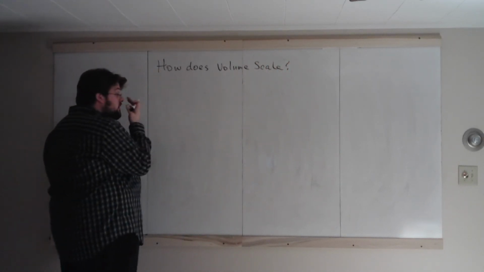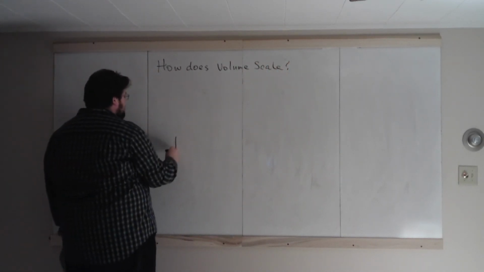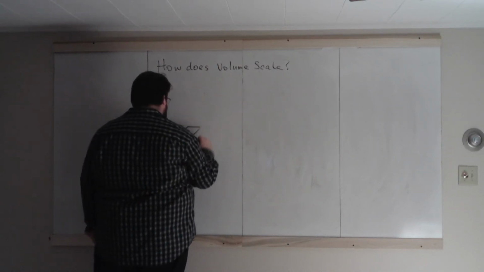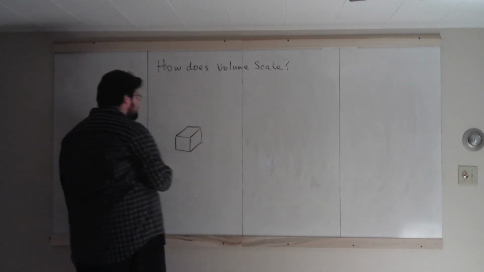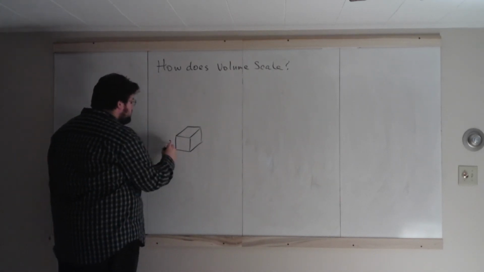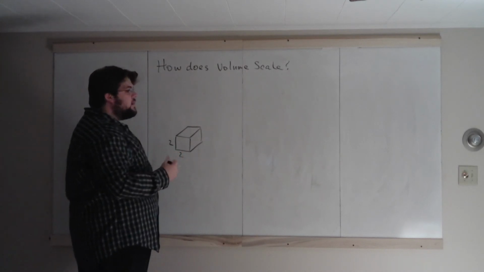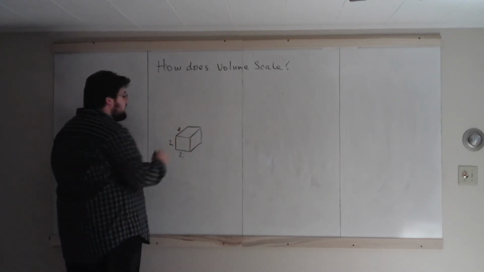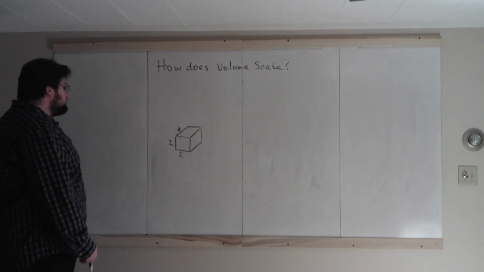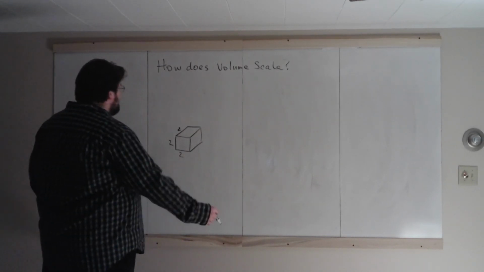Well, let's take a cube. Let's throw numbers on. Let's make it a 2 by 2 by 2 cube. And we're going to find how volume scales without actually taking any volumes. Before, we avoided taking areas.